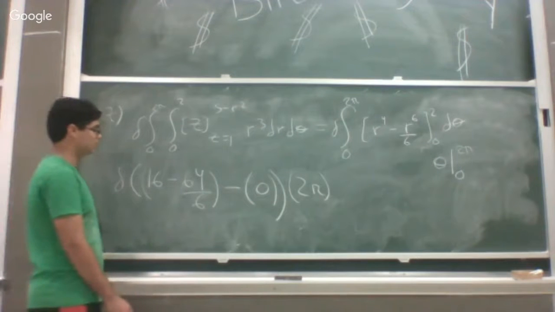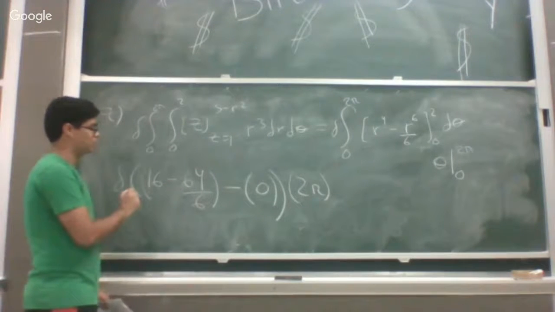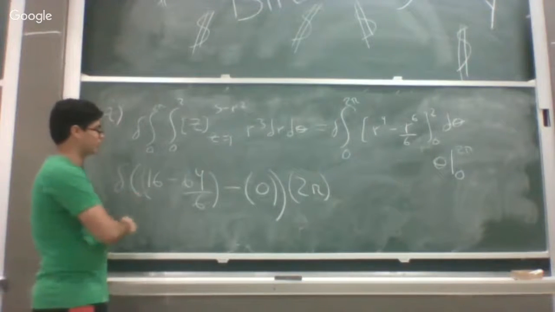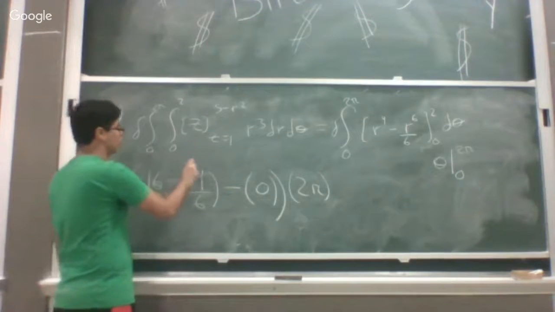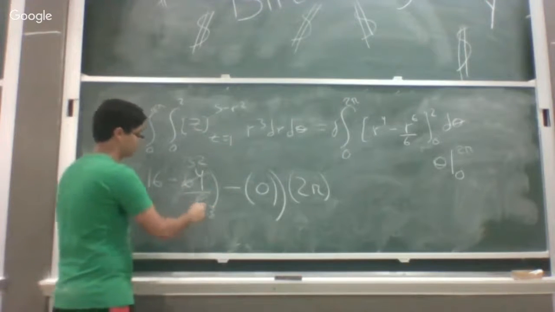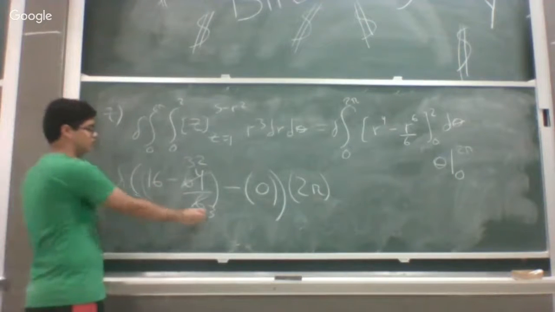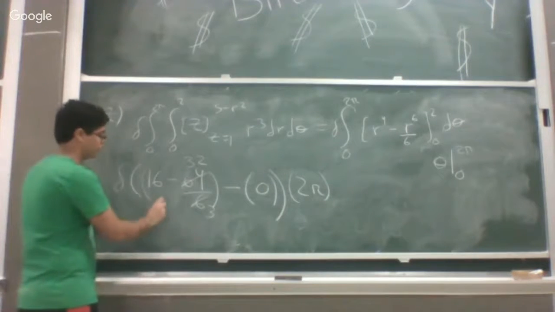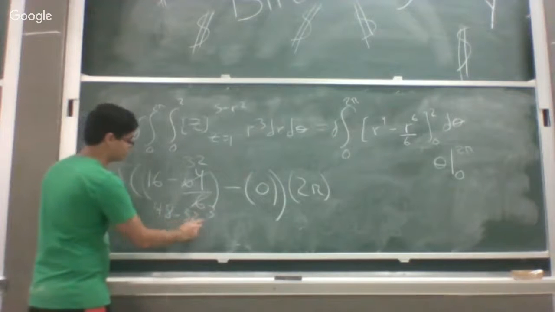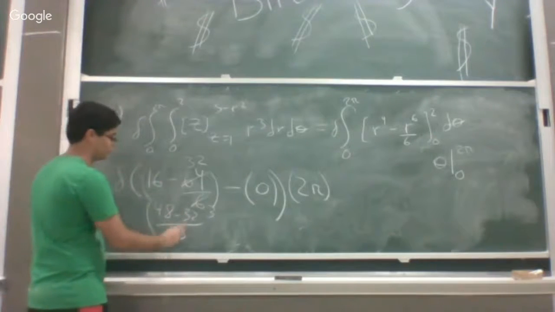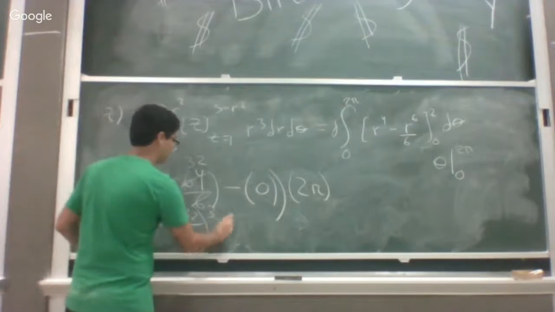So this is what they did in order to simplify. Or we can just do this. So this was, we said 32 over 3. What is 16 times 3? 48. 48 minus 32 divided by 3, that times 2 pi.